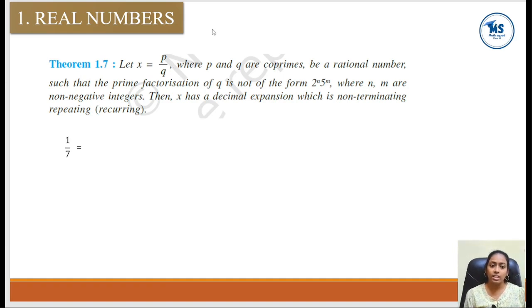Here what they are saying, if the prime factorization of the denominator q is not in the form of 2 power n into 5 power m, then x is non-terminating.